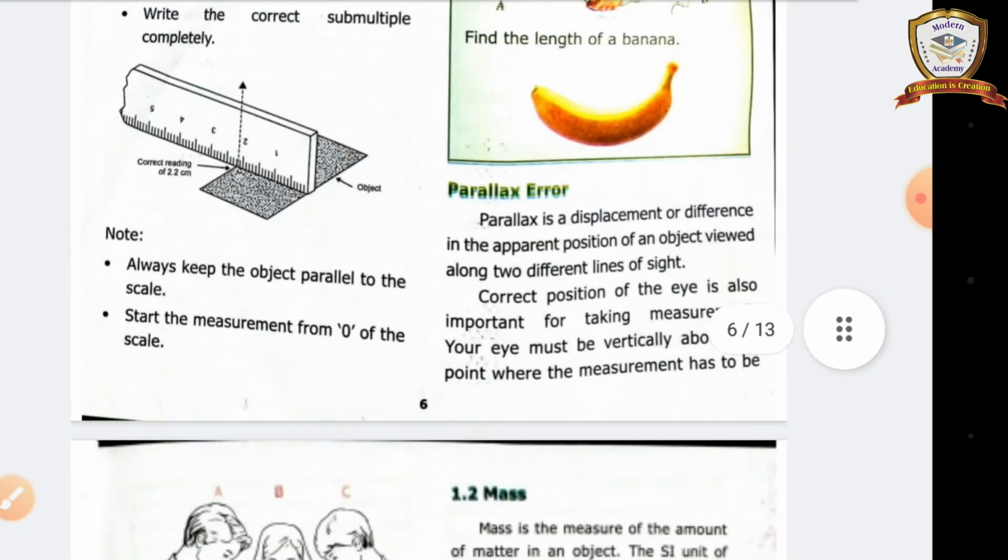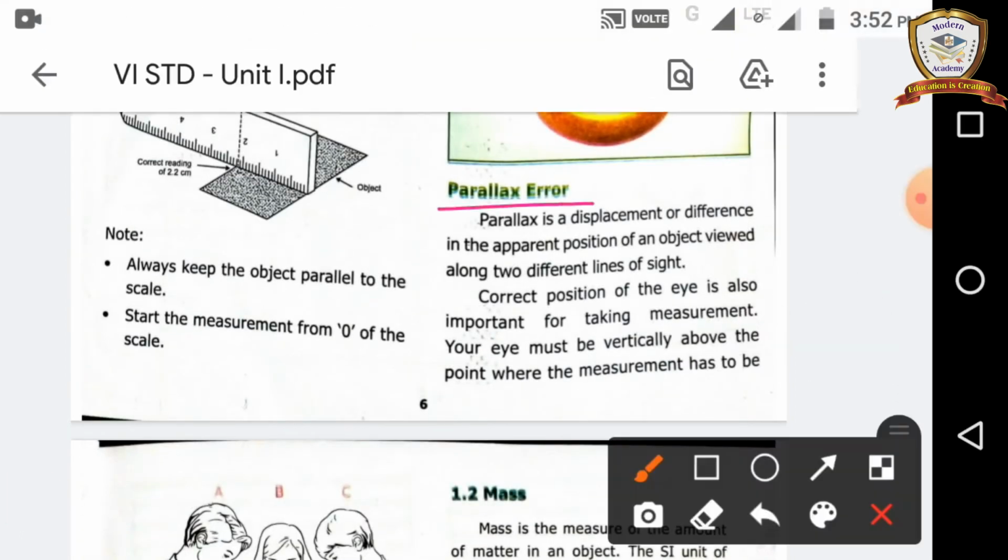From this side, parallax error. Parallax is a displacement or difference in the apparent position of an object viewed along two different lines of sight. Correct position of the eye is also important for taking measurement.